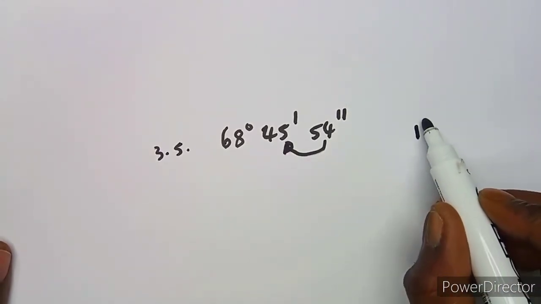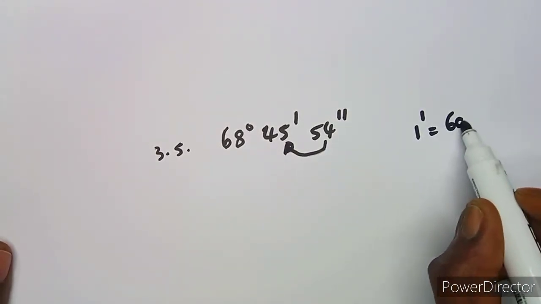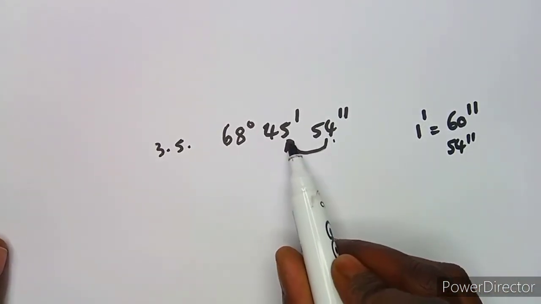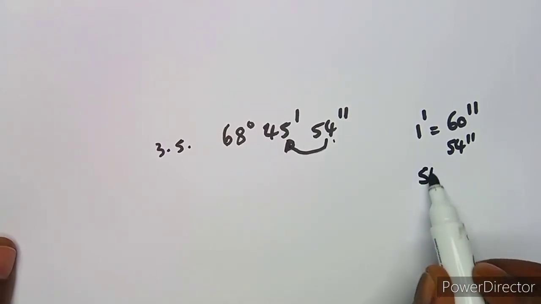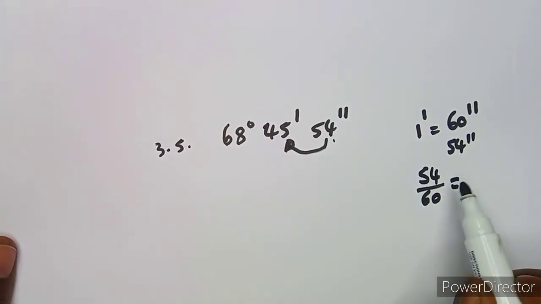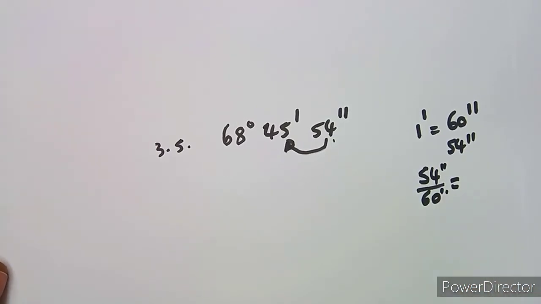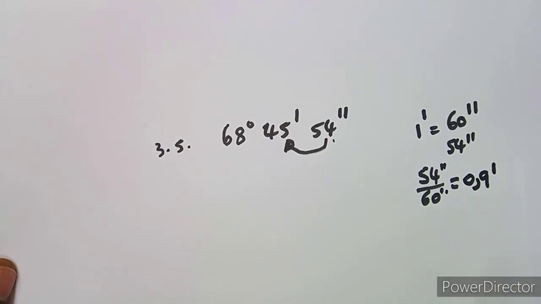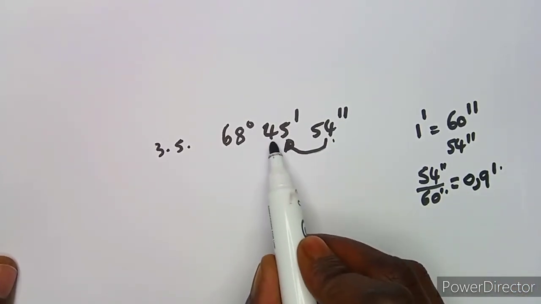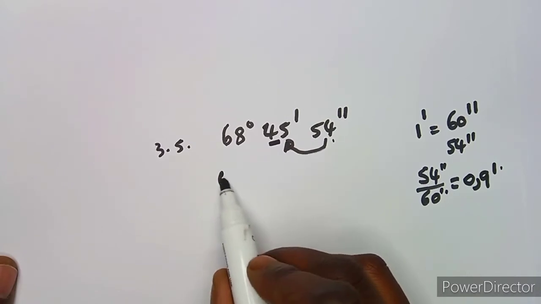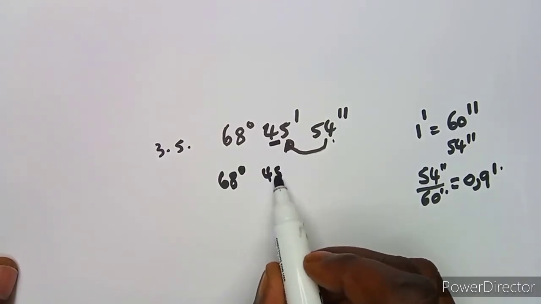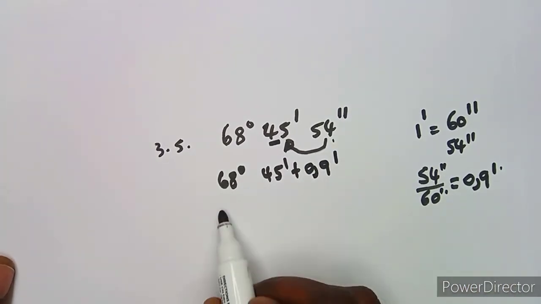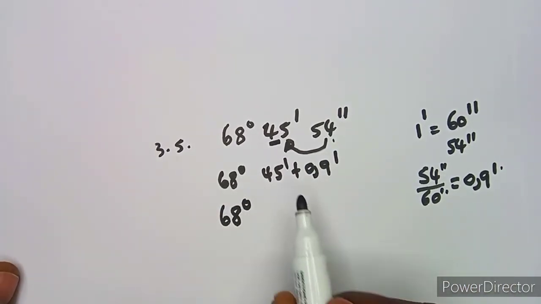We know that in a minute we have got 60 seconds. So what about 54 seconds? How many minutes are we going to have? We just divide by 60, so 54 divided by 60 is 0.9 minutes. All right, so these are minutes. So you can now add them to 45. So you're going to have 68 degrees, 45 minutes plus 0.9 minutes, which is going to give us 68 degrees.